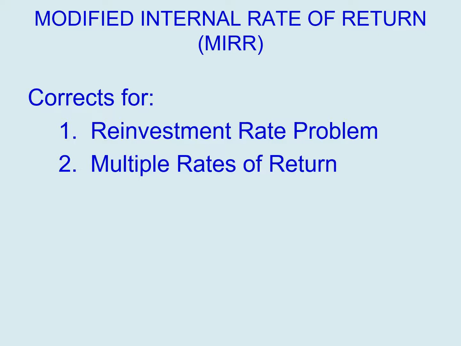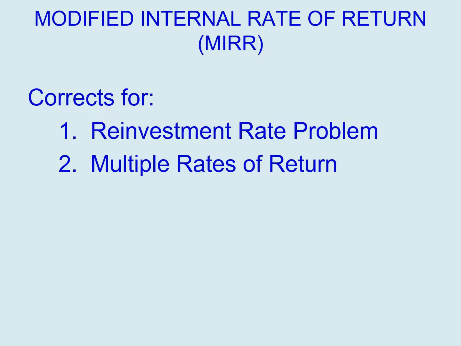And then again later I'll talk about the difference between cost of capital and hurdle rates. They're a little bit different. In theory they're supposed to be the same, but in practice they are different. But technically we're talking theory right now, so you'd want the reinvestment rate to be the cost of capital. And it also gets rid of the multiple rates of return problem because it can handle cash flow changes.